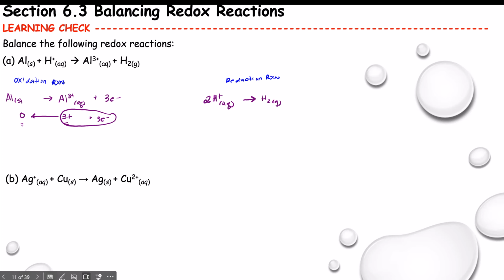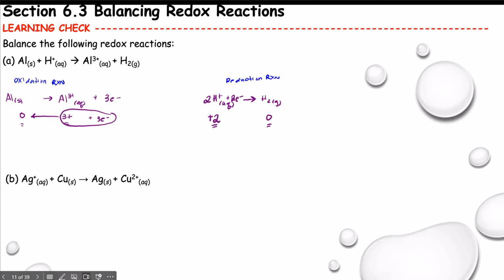Now on the left side of the equation, there's plus 1 charge. However, you'll notice that there's 2 coefficients, so there's a total of plus 2. Whereas here, there's no charge, so it's 0. That means I needed to add 2 electrons on the left side of the equation to make that plus 2 into a neutral charge side.